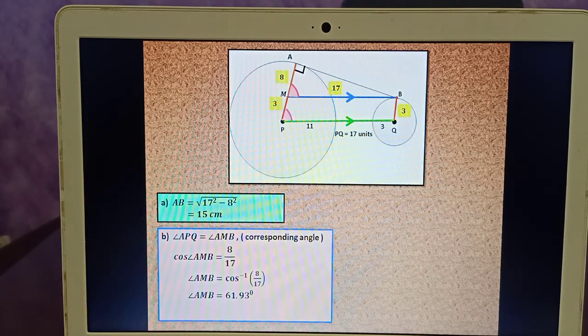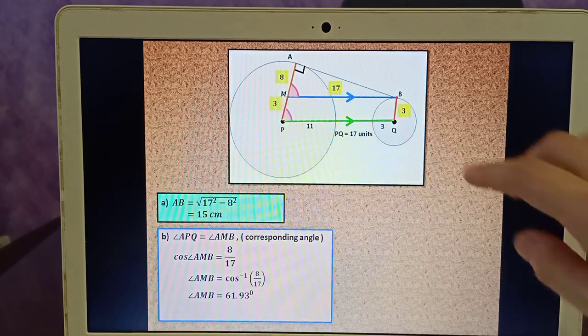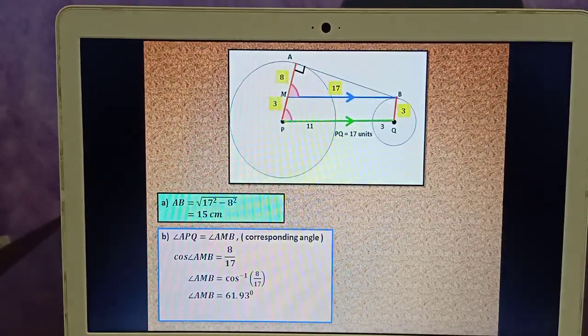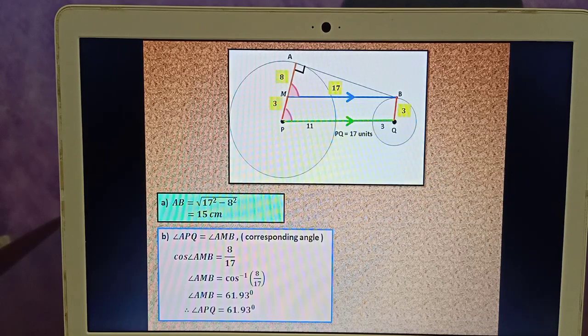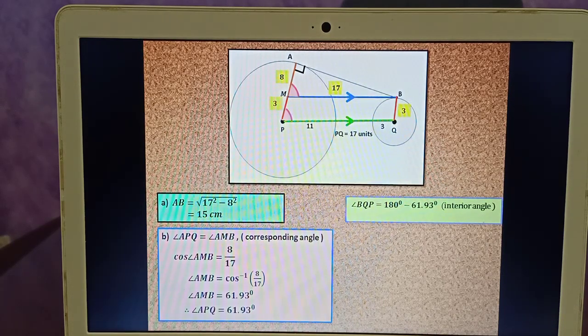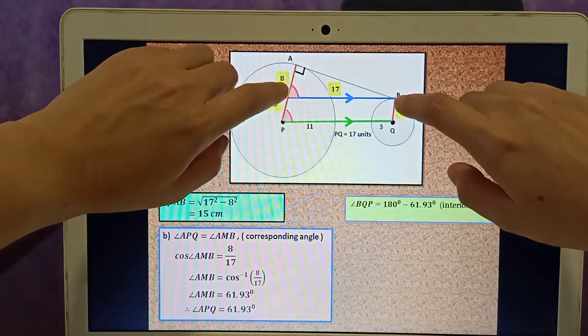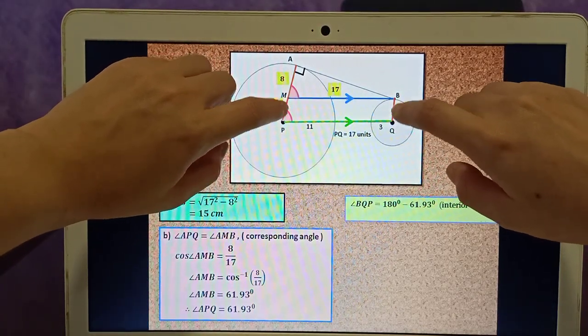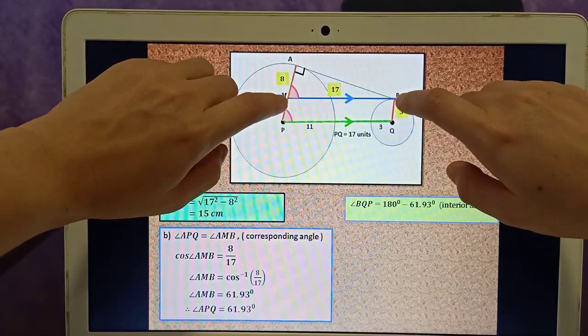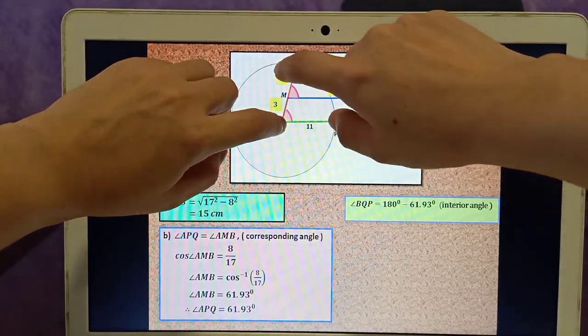This is B. How about angle BQP? Angle BQP is actually equal to 180 degrees minus 61.93 degrees. You know why? Because this is actually parallel as well. This one is also parallel because they are radii, and they are having the tangent here.